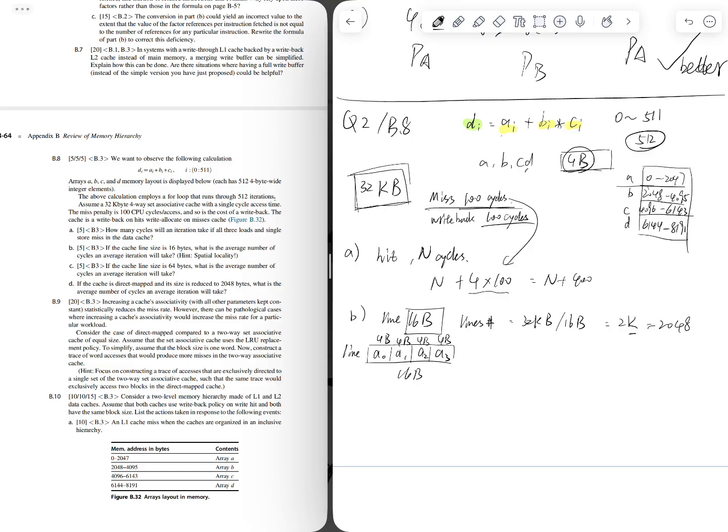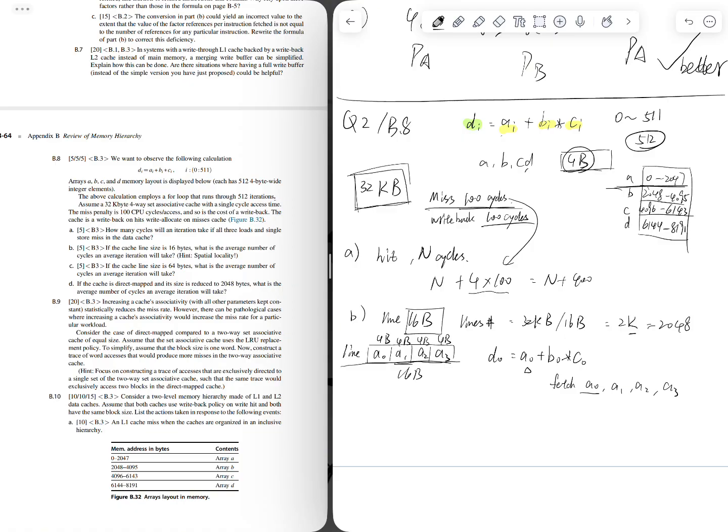Back to our question: the average number of cycles an iteration will take. For the first execution, when we want to fetch A0, we don't have it, so we get it from memory. But since our line is big enough, we also fetch A1, A2, and A3.